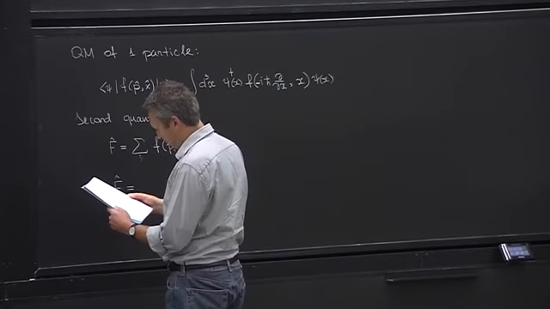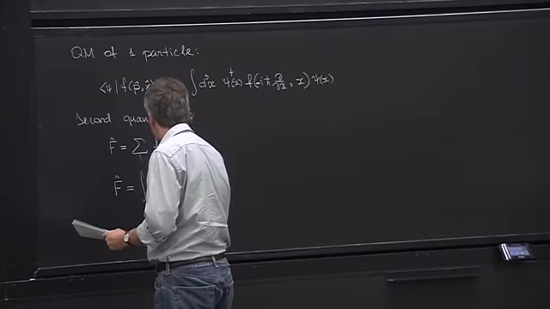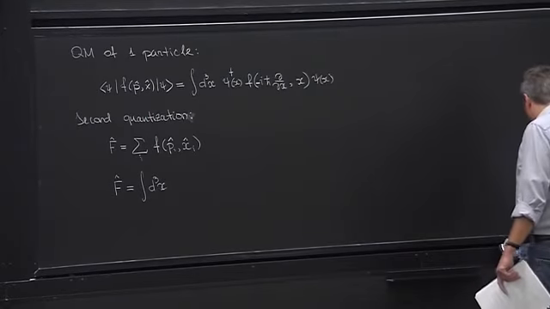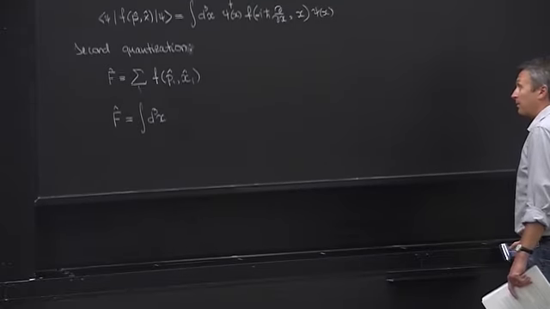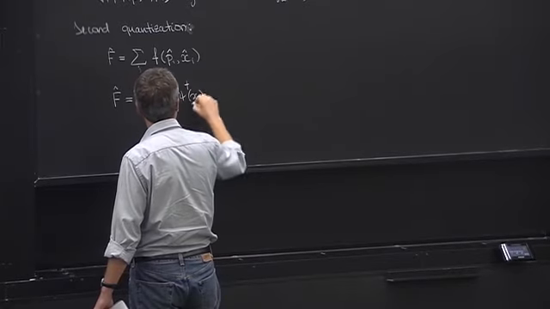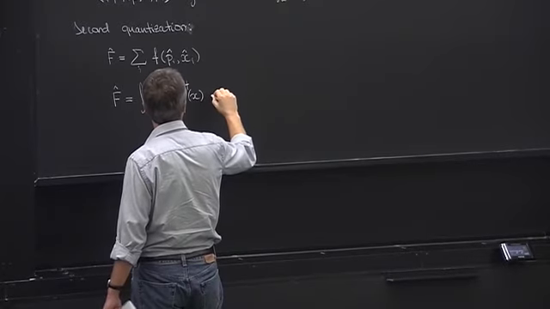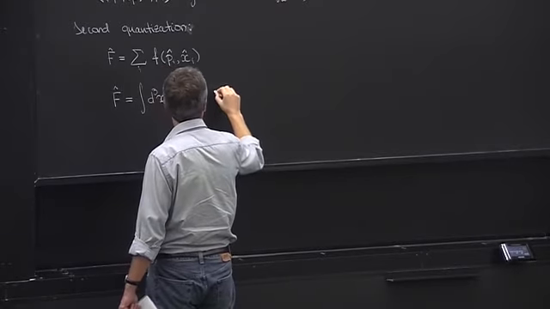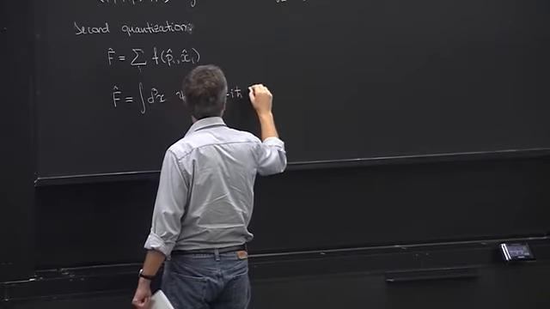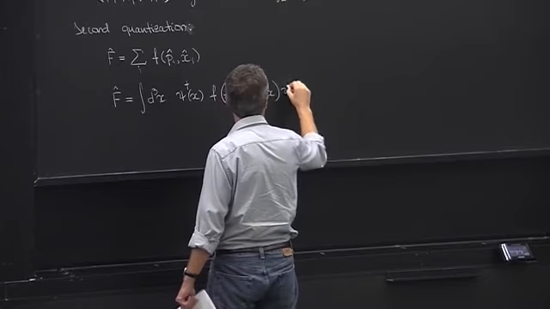So we can write that F is equal to the integral over the whole space of psi dagger of x, then f of minus i h bar d over dx and x, and then acting on psi of x.